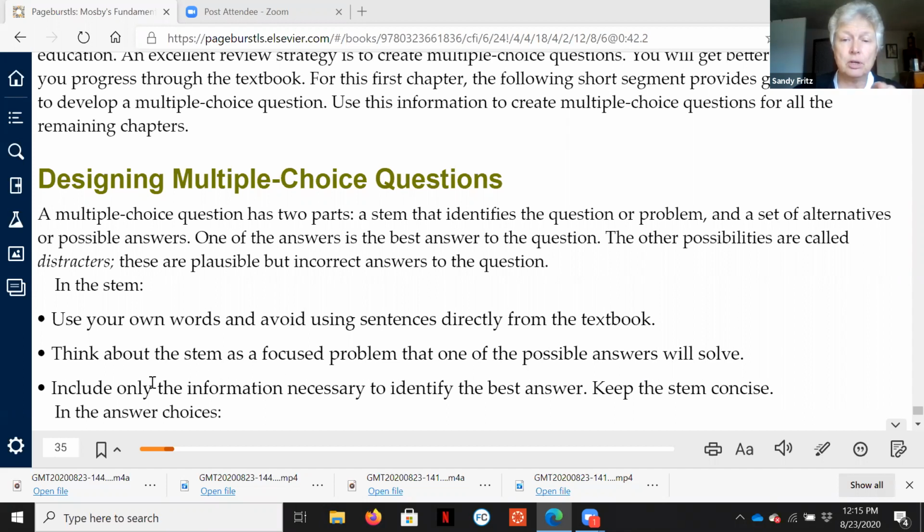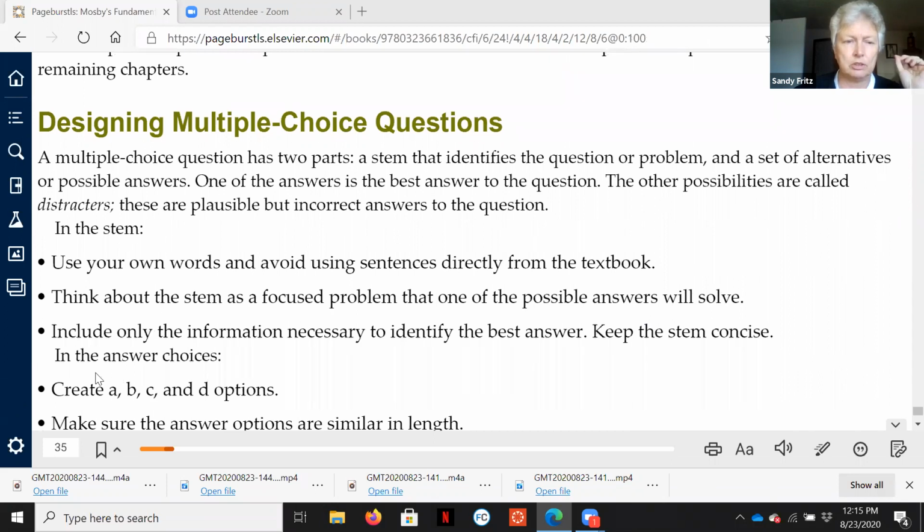And make sure that you include just enough information in the question so that the reader can identify the best answer, and keep it real concise. Don't make it really, really long. This is hard to do.